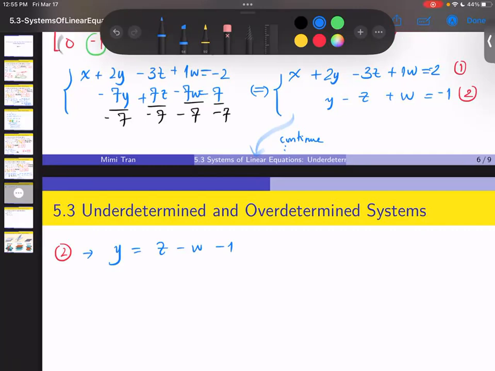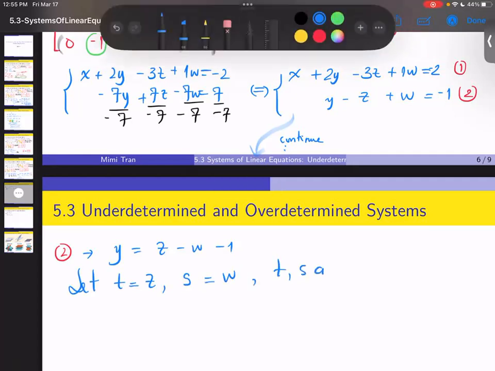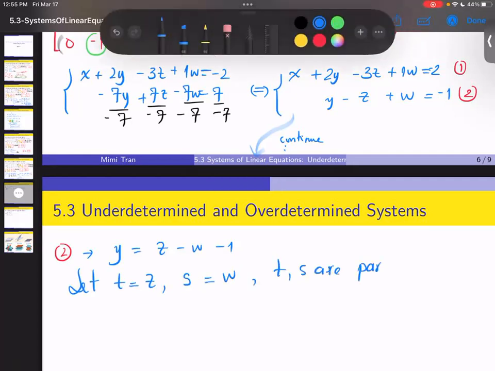Now usually I only have one variable, so I can let z equal t or w equal t, but you have 2 here. It's the same thing, meaning instead of one free variable, you have 2 free variables. So I'm gonna let t equal z and pick a different Roman letter for w. s equal w, where t, s are parameters. They are also free variables.